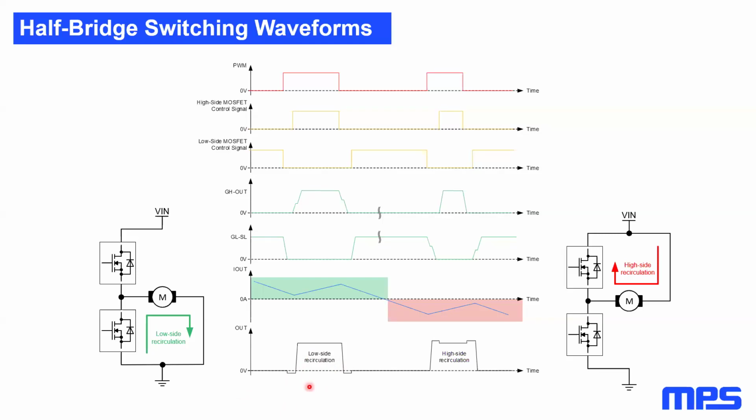This operating mode is usually called low side recirculation. Similarly, when the bridge is sinking current, it is the high side MOSFET that will act as a rectifier, and the output voltage will temporarily go a diode drop above the supply. This operating mode is called high side recirculation.